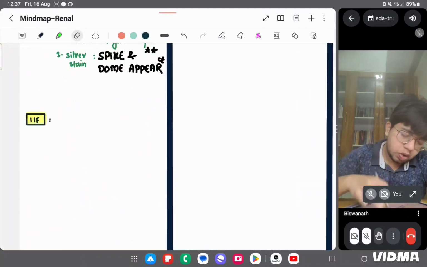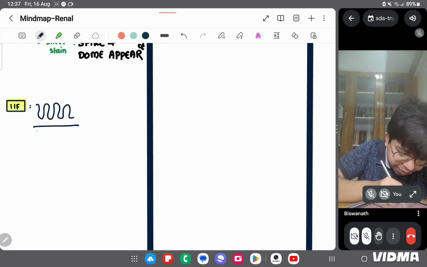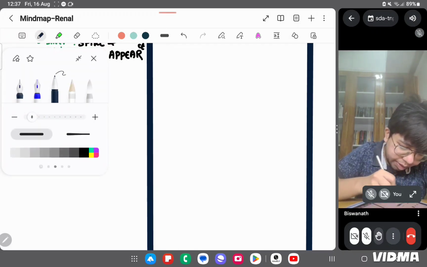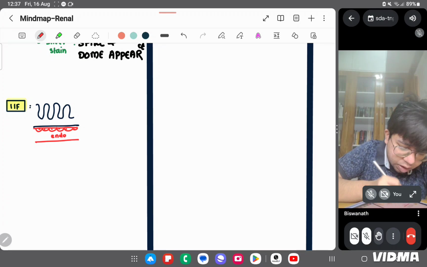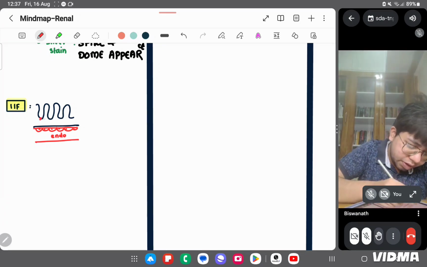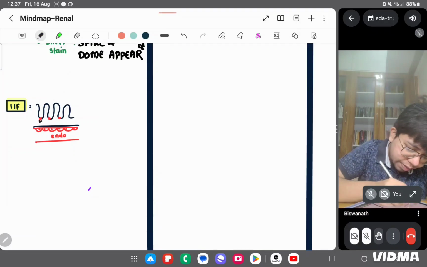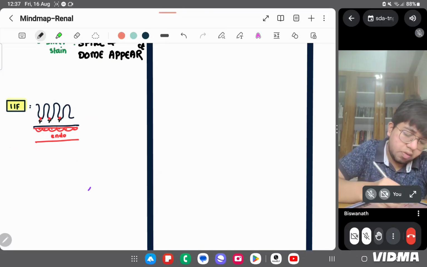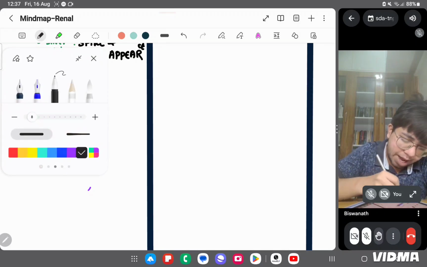Okay, so in immunofluorescence, you have to know that if this is the epithelium, and this is the subepithelial space, then our endothelium will continue from here. This PLA2 receptor is present like this in a patchy format, so the deposits here will be patchy.